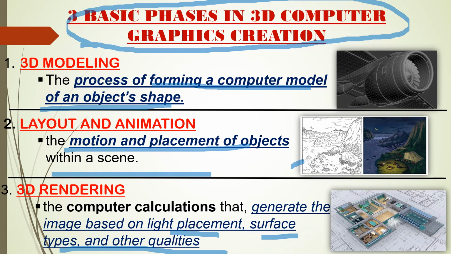So kung mapapansin nyo, di ba, yung drawing dito is more on the architect, wherein nakikita natin kung ano mismo yung paggawa nila ng lighting, ng mga combination ng different colors.